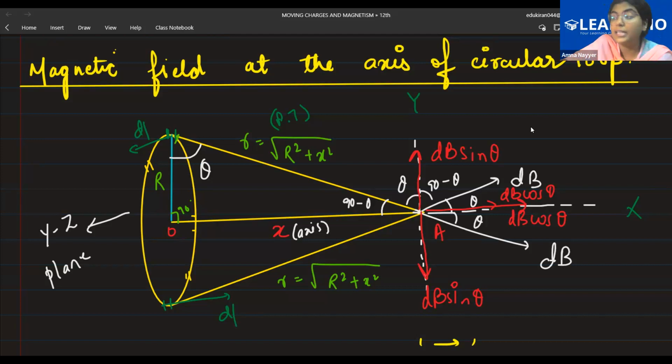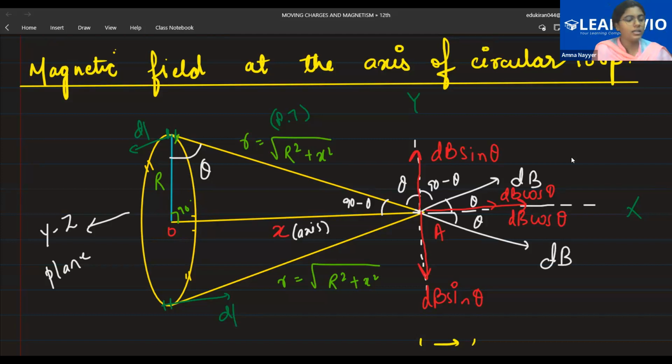What will happen ultimately? All the dB cos thetas will be pointing in the same direction because of all the current elements which we have taken from diametrically opposite ends. And all the dB sin thetas will be cancelling each other. One is towards one side, one is towards the other side. So this dB sin theta will cancel this dB sin theta, right?